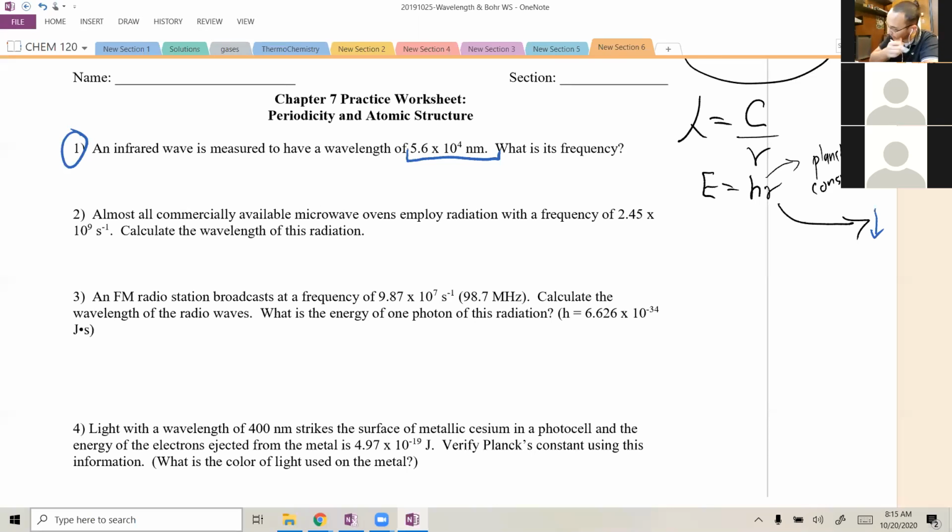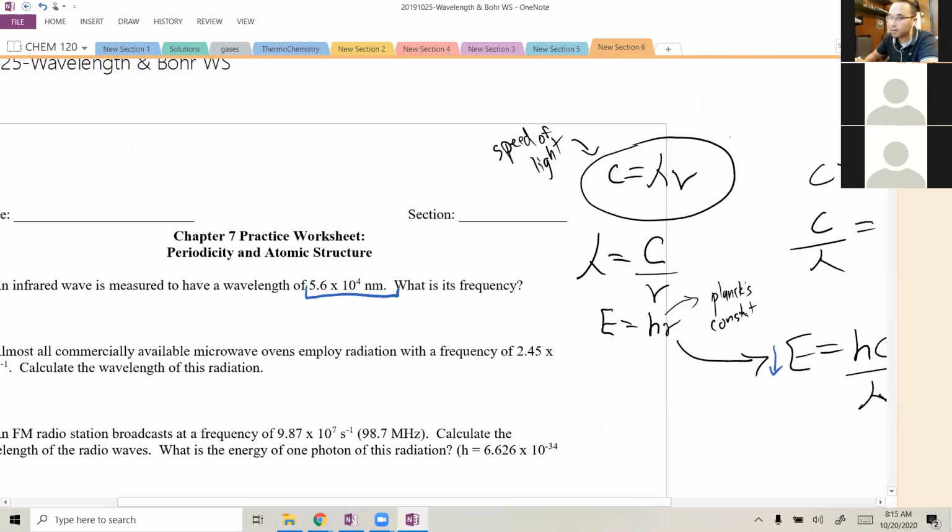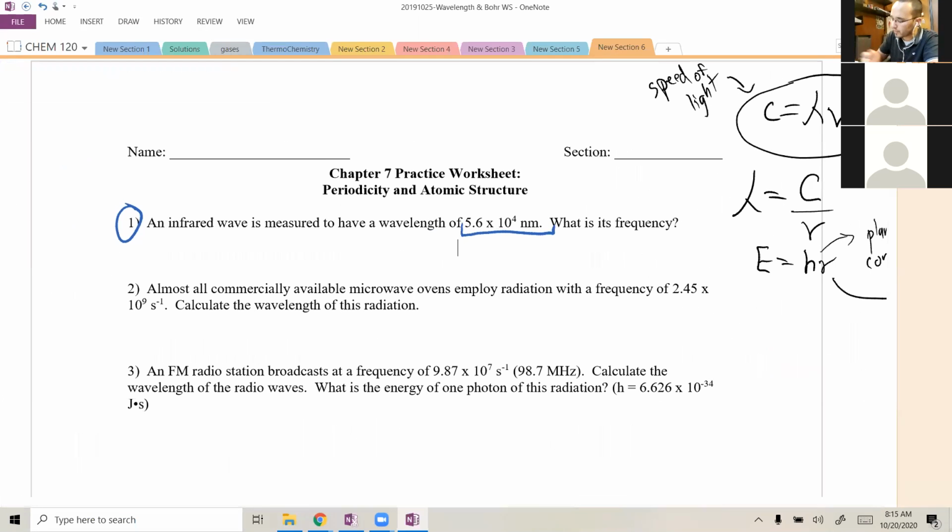Very good. So we're looking at the one that involves our speed of light, our wavelength, and our frequency, right? So c is our speed of light, we have our wavelength, we have our frequency. So we need to solve for frequency.